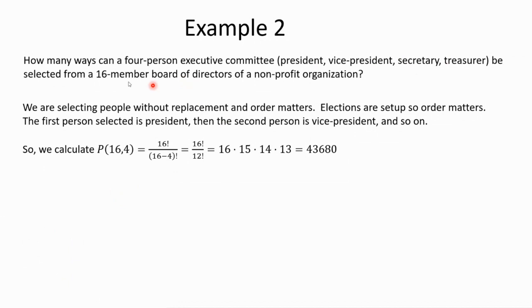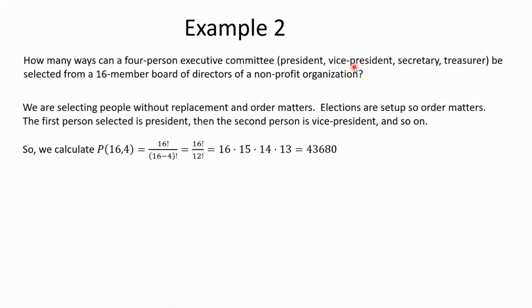So in other words, we have 16 people and we want to choose this committee of 4 people. Well, of course, no one can hold more than one position, right? You can't have someone who's a president and a vice president. So no repetition. Not only that, the order in which you choose people matters.